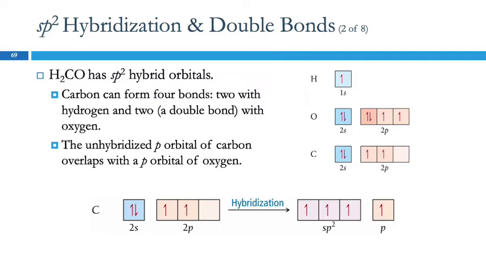So H2CO has sp2 hybrid orbitals. So here's carbon. It's got 4 valence electrons, right? So if we hybridize these, we take these 2 and combine it with that, we're going to get those sp2, and then we've got the unhybridized p orbital. So when we put these electrons in, 1, 2, 3, the difference in energy between these has gotten much smaller.